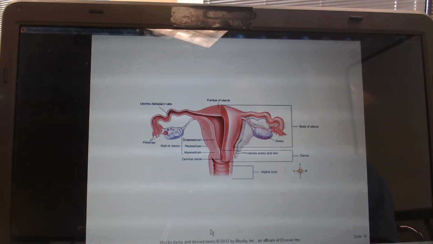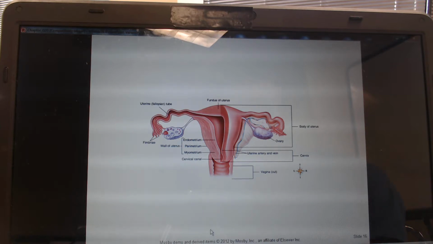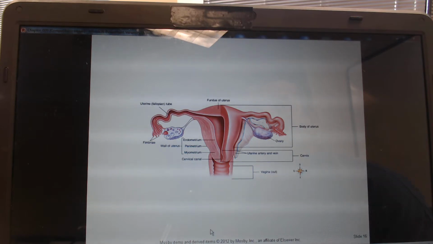But if the female has a zygote implant in that rich endometrium, then those vessels will start to surround that cell to nourish it and ultimately form the structures that are necessary as the life support system for the ever increasing size and needs of the developing zygote.